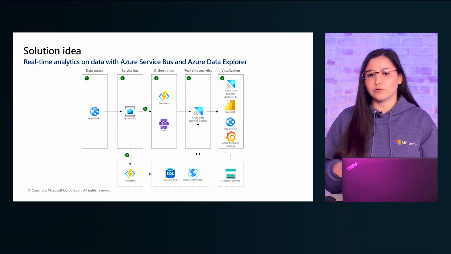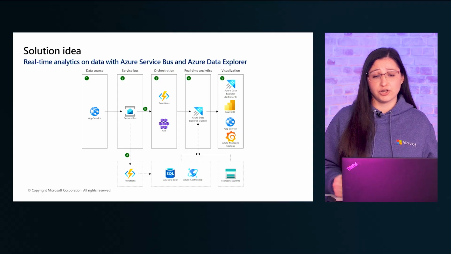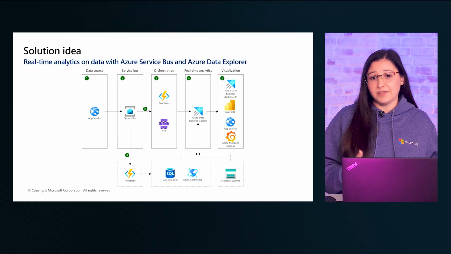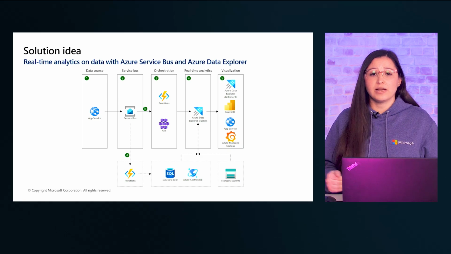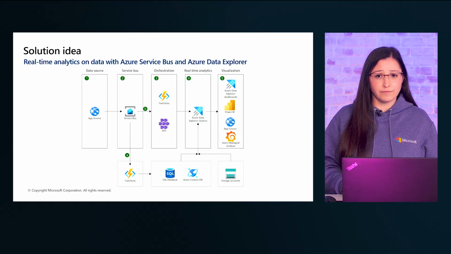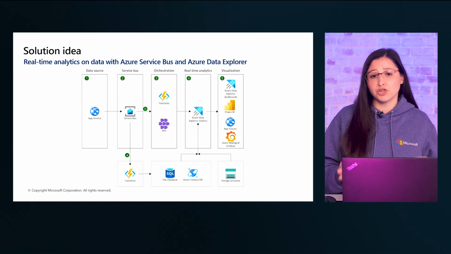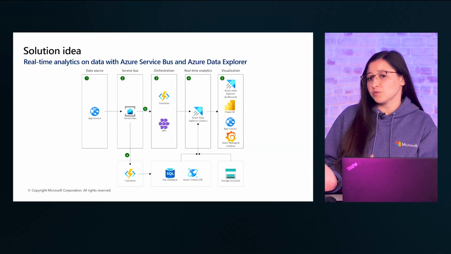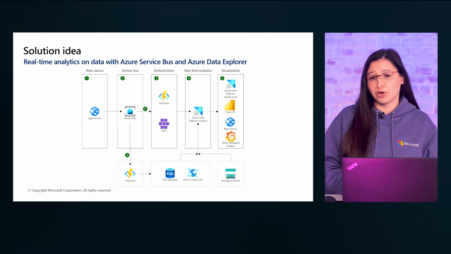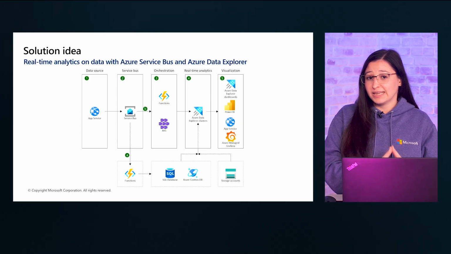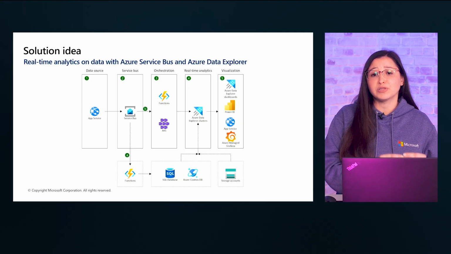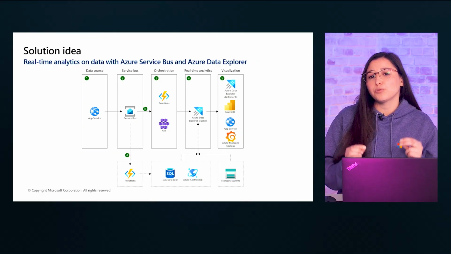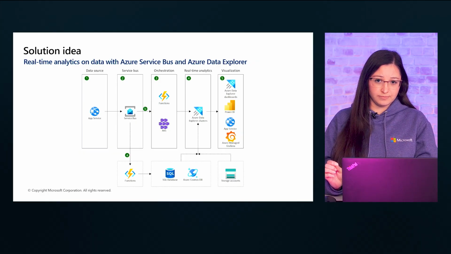The data flows from the Service Bus in two directions. A. In an existing online transaction processing application flow, it triggers a function app to store data in Azure SQL Database, Azure Cosmos DB, or a similar operational database. In the B path, in the near real-time analytical flow, it triggers an orchestration flow.